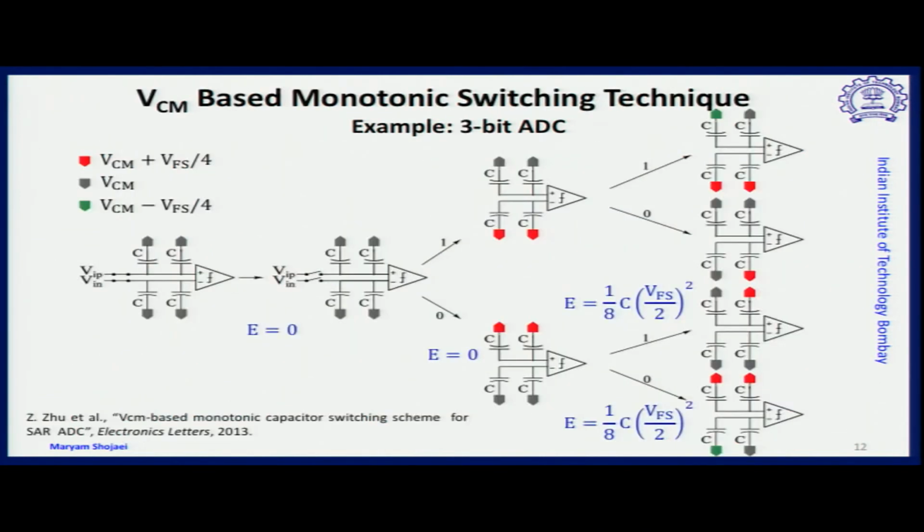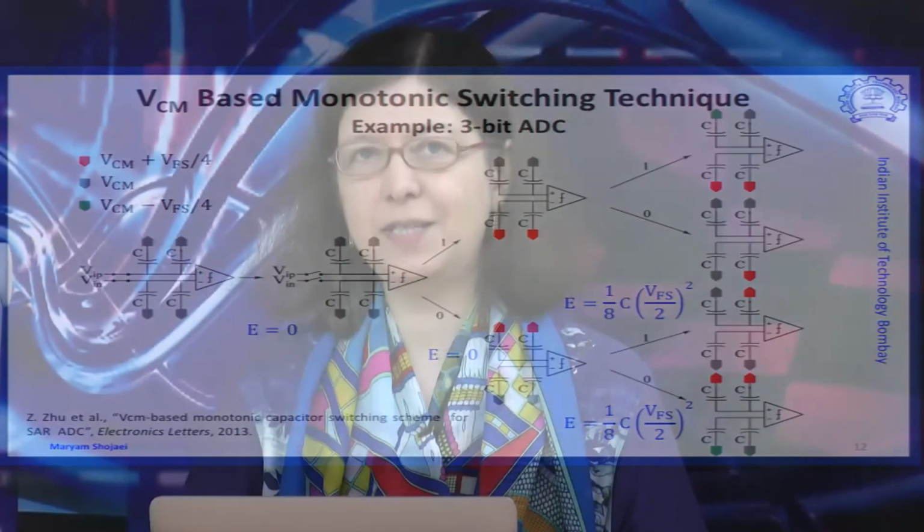The next technique is VCM-based monotonic switching technique. This technique also takes advantage of reduced capacitors even further. You may have noticed in monotonic switching, we didn't have capacitor C for 3-bit ADC. Because of the monotonic switching, which is eventually switching in one side, we didn't need MSB capacitor.